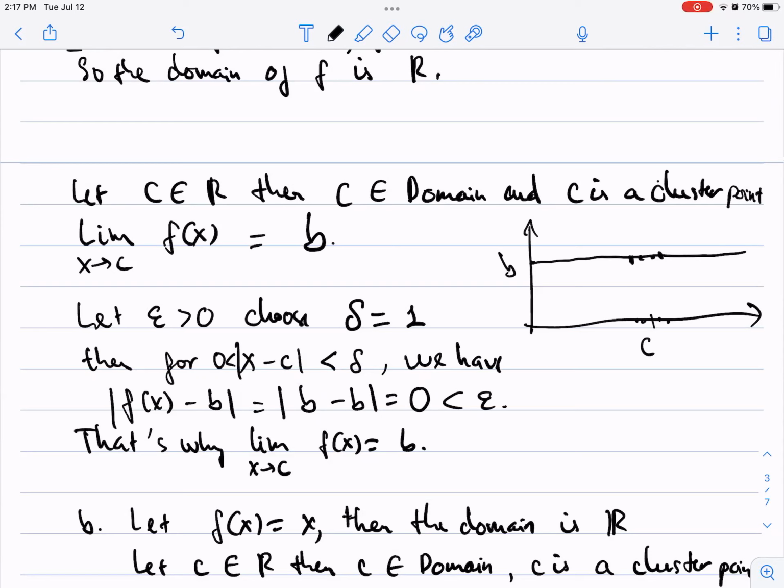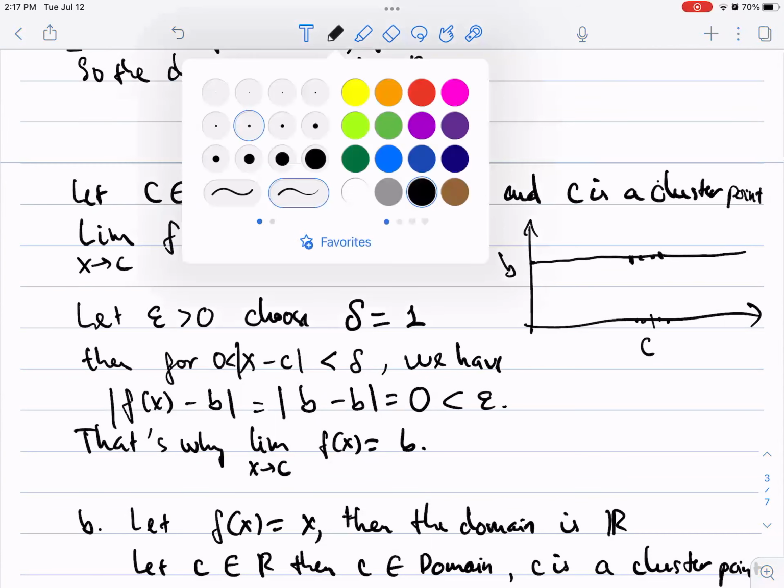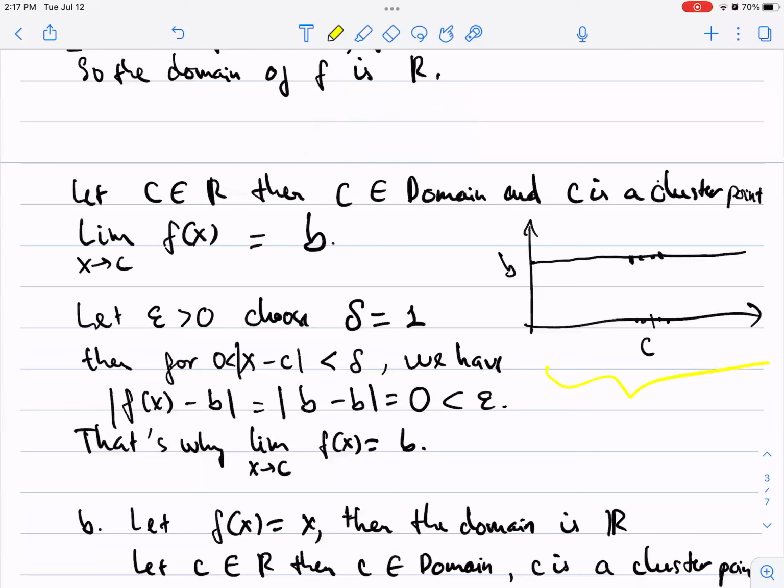And this is not surprising because, as you see in this diagram, the function always assumes the value b. That's why the limit when x approaches c of f(x) is equal to b.